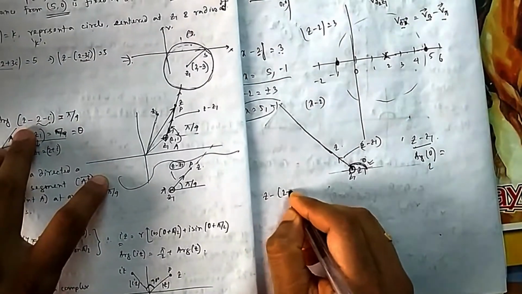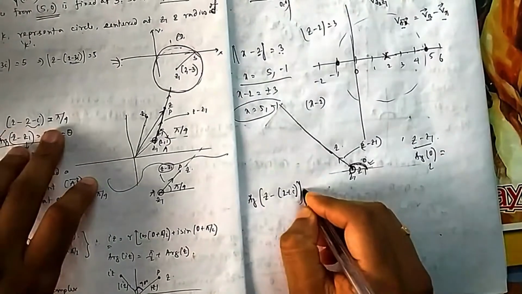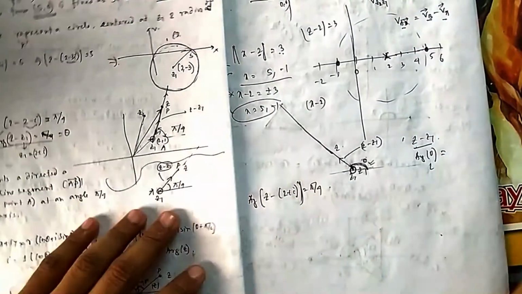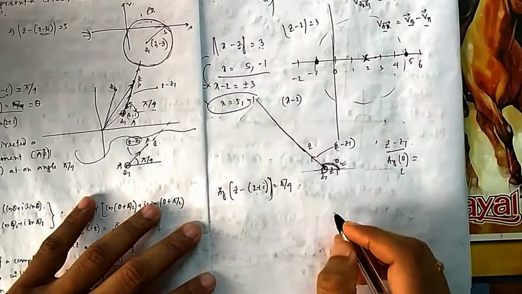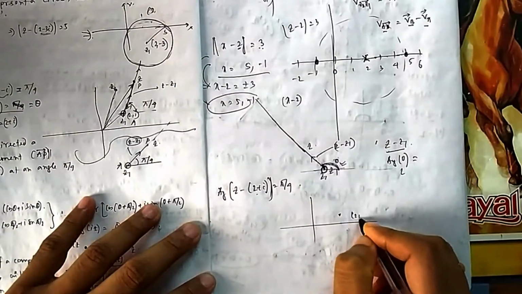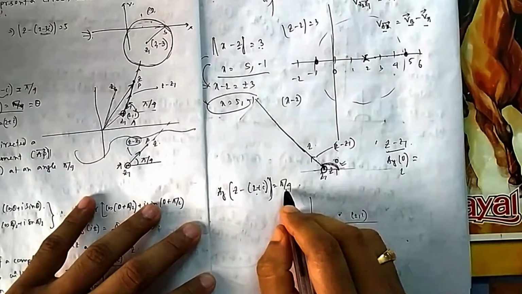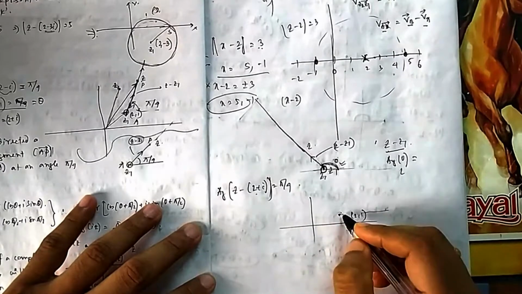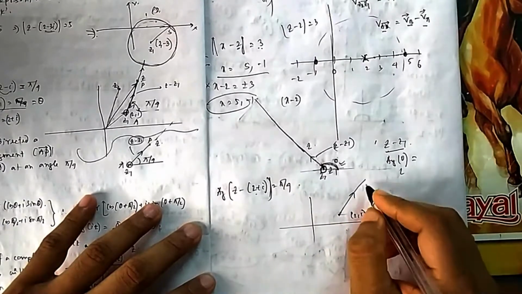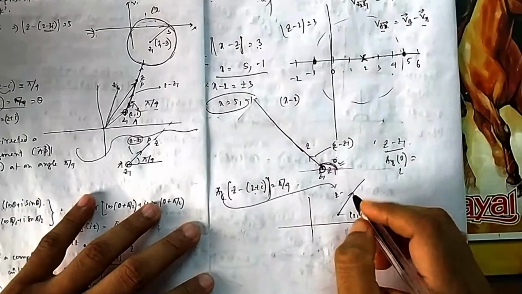So if I say z minus 2 plus i, and the argument of this one is 45 degrees, what will you do? You will take a point, suppose this is the point (2, 1). You take a ray out of this point at an angle of 45 degrees with the horizontal. This is the meaning of this one, this represents z.